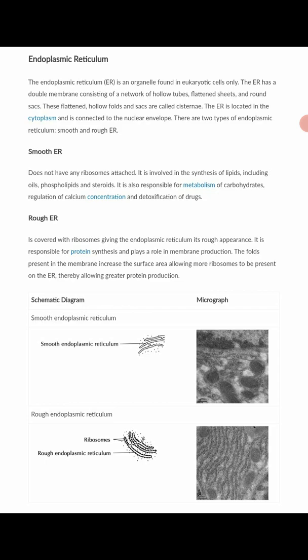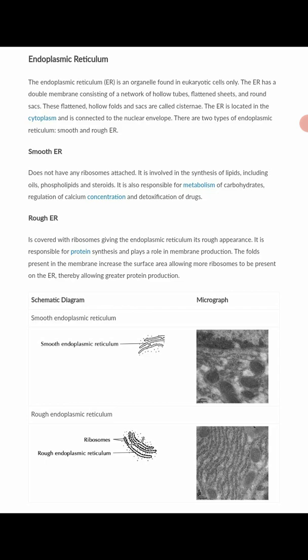Now the rough endoplasmic reticulum is covered with ribosomes, giving it its rough appearance. You can see the diagrams below. It is responsible for protein synthesis and plays a role in membrane production.